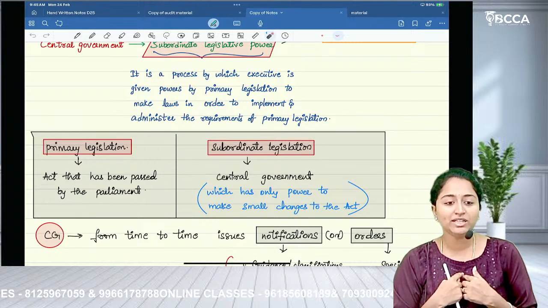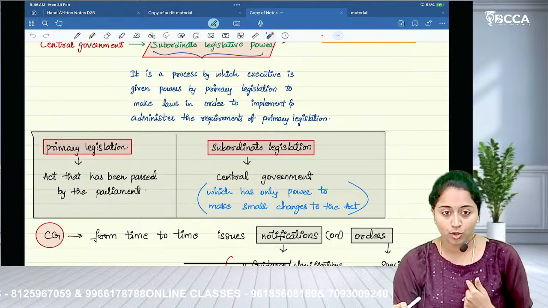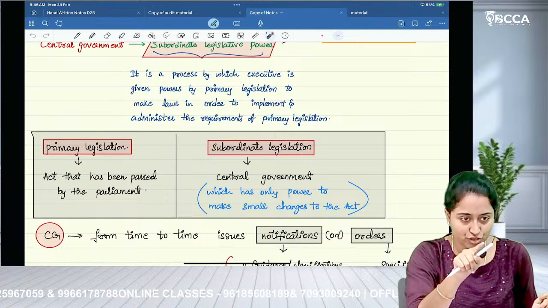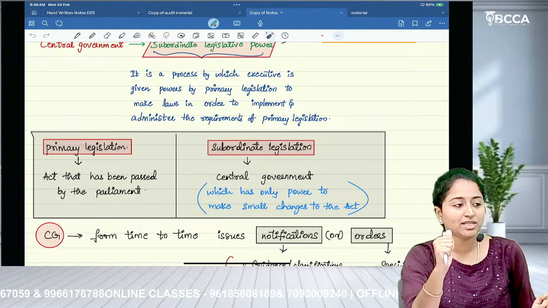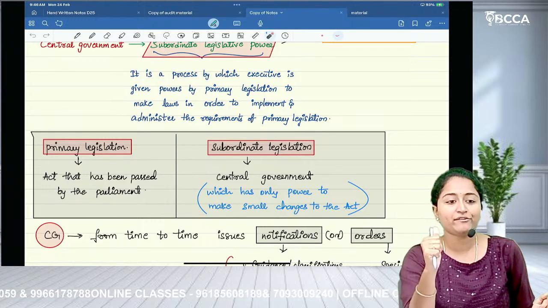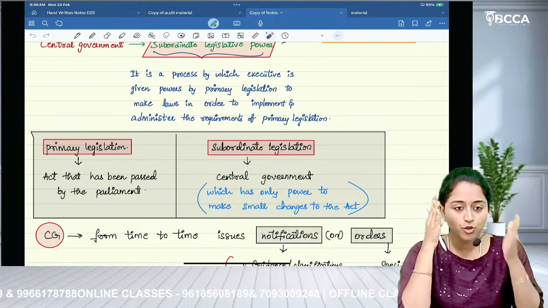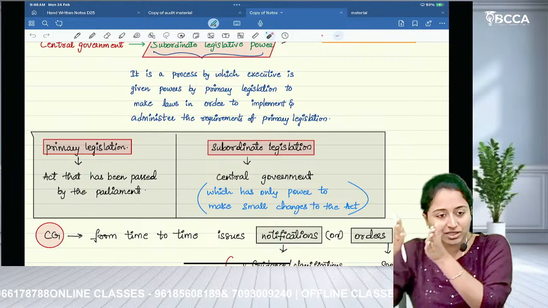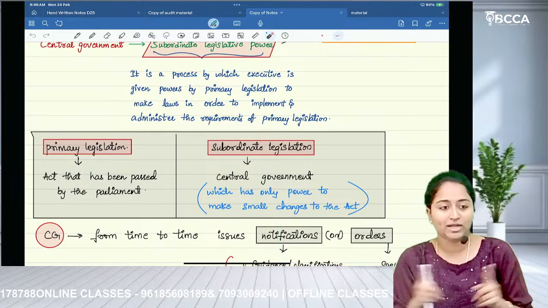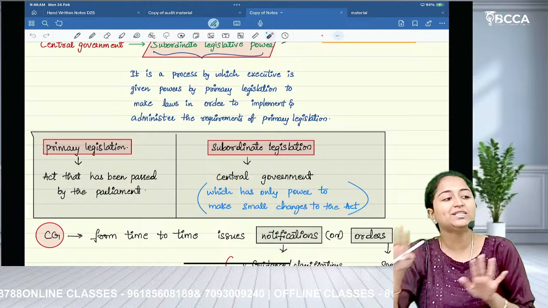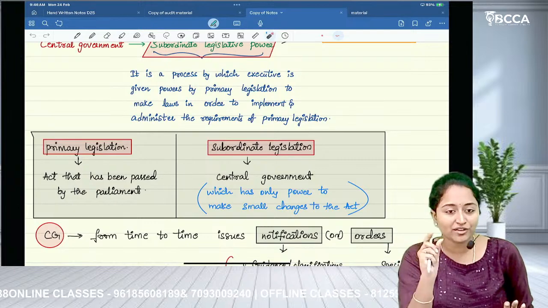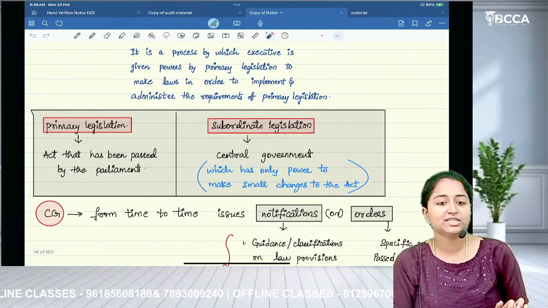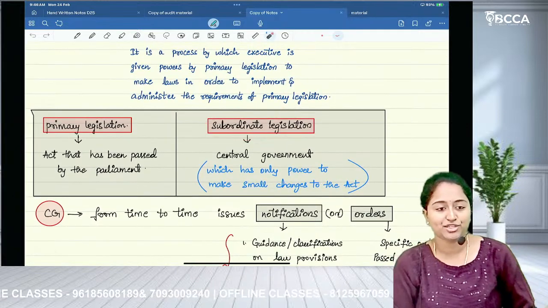I am not telling you to make changes in my book. If you are making changes, it is only your book that changes. Who is going to see that? Only you. Who is going to prepare from that? Only you, so it is applicable only to you. Similarly, any changes made are only applicable to specified industries, not to all industries. So central government can make small changes only within that limit. Whatever power is given is called subordinate legislation power.